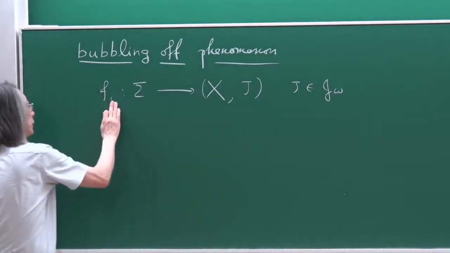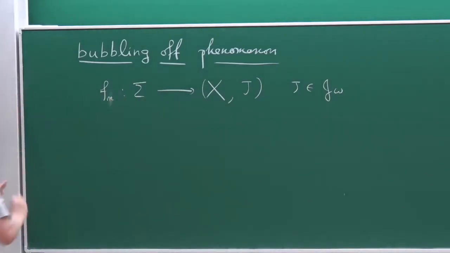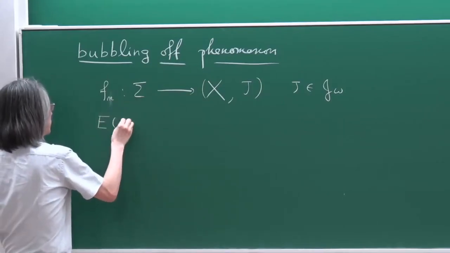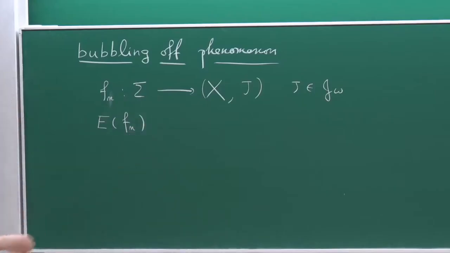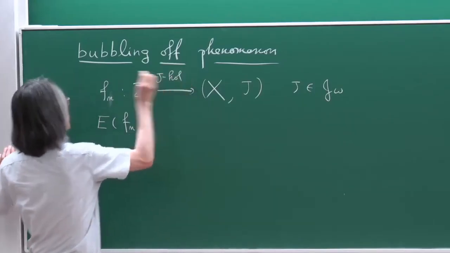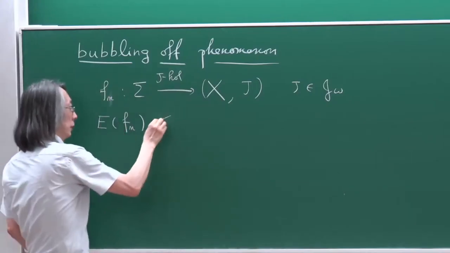So maybe denote it f_n. So you have a sequence of them. And then let's suppose that your holomorphic curves, sorry, they are holomorphic curves, are uniformly bounded.